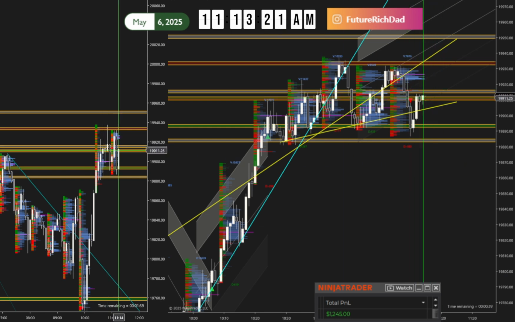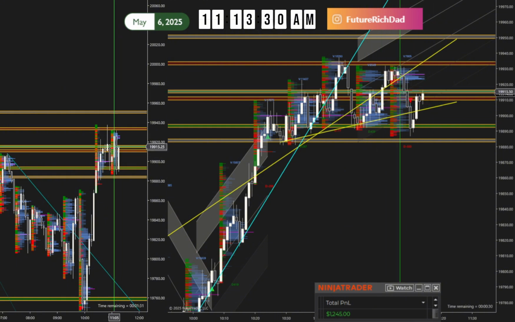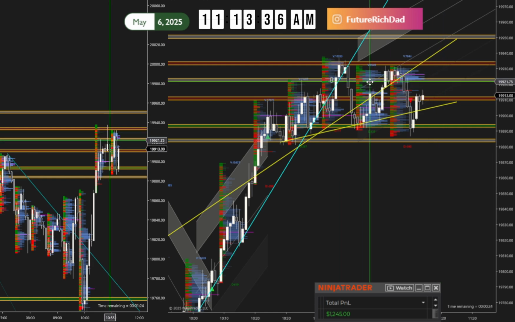Looks like we are now at a current support area, since this is supporting the price to move us up. We still have to get past this volume cluster here and then move to this upward side for the next volume cluster.